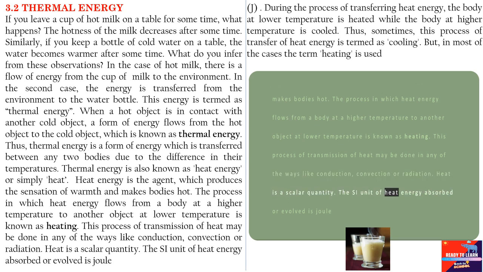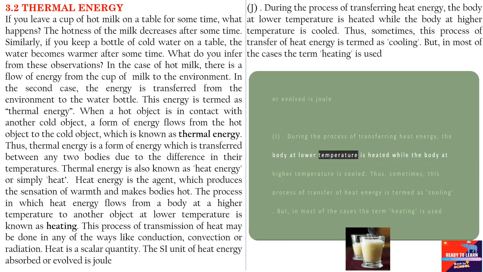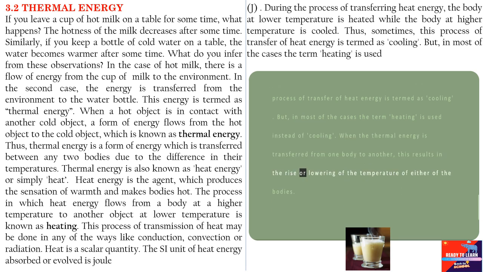The SI unit of heat energy absorbed or evolved is joule, J. During the process of transferring heat energy, the body at lower temperature is heated while the body at higher temperature is cooled. Thus, sometimes, this process of transfer of heat energy is termed as cooling. But in most cases the term heating is used instead of cooling. When the thermal energy is transferred from one body to another, this results in the rise or lowering of the temperature of either of the bodies.